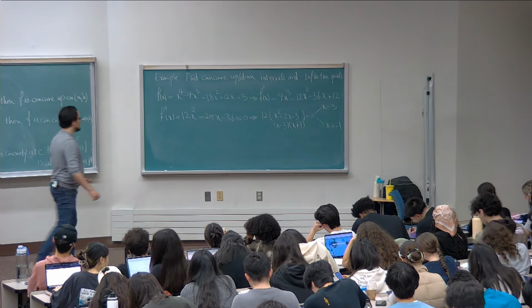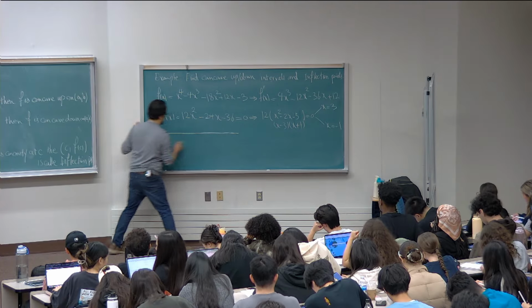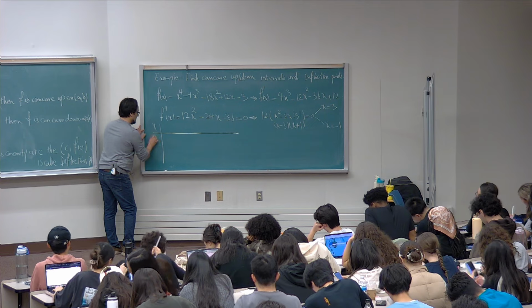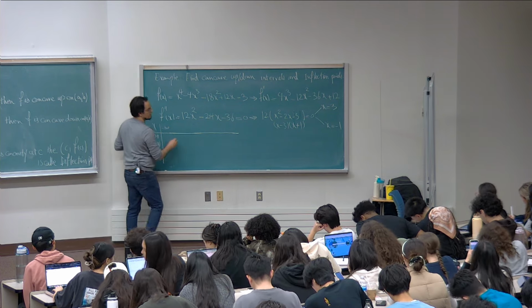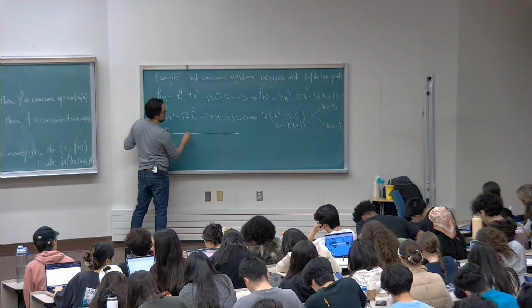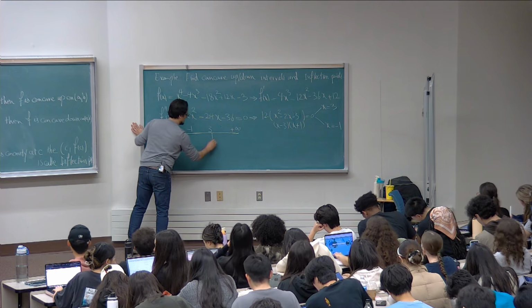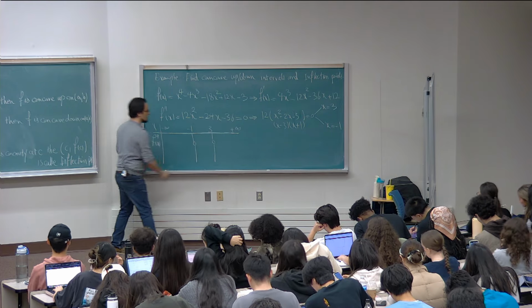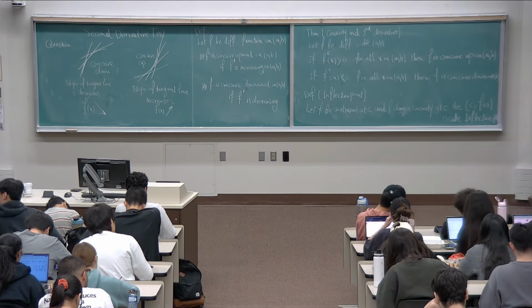Why do we find that? Because that's the starting point of my sign table: x, f double prime of x, negative infinity, -1, 3, plus infinity. At these points, we have 0. And then you do whatever methods you know.